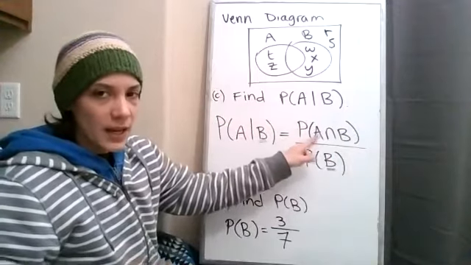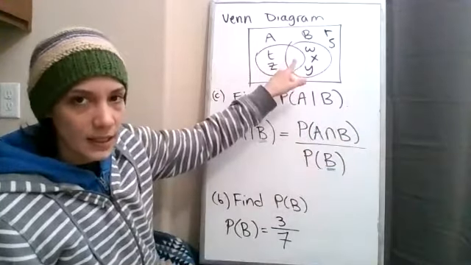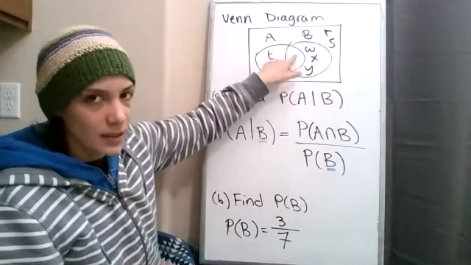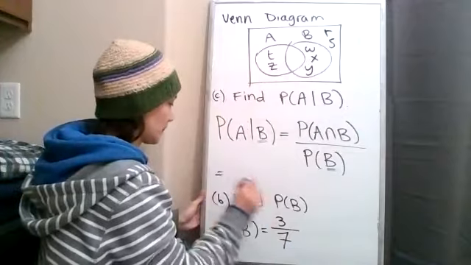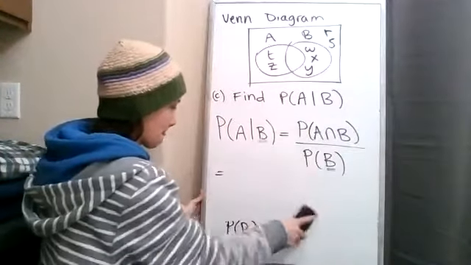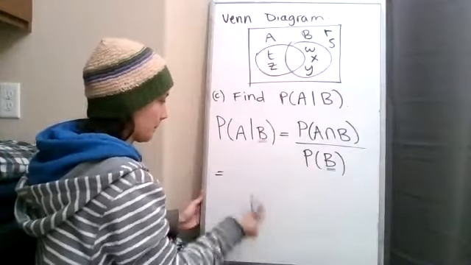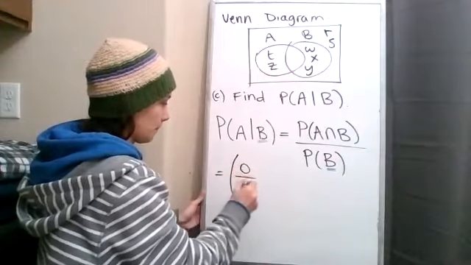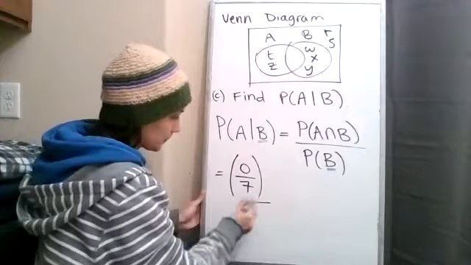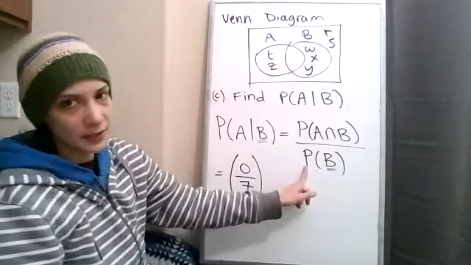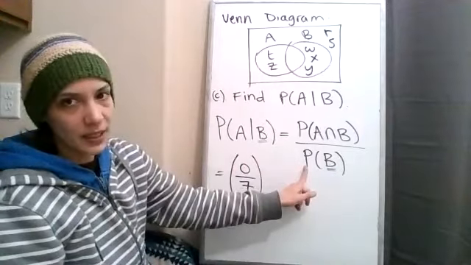So probability for A intersect B is 0 elements out of 7. Probability for B has 3 elements.